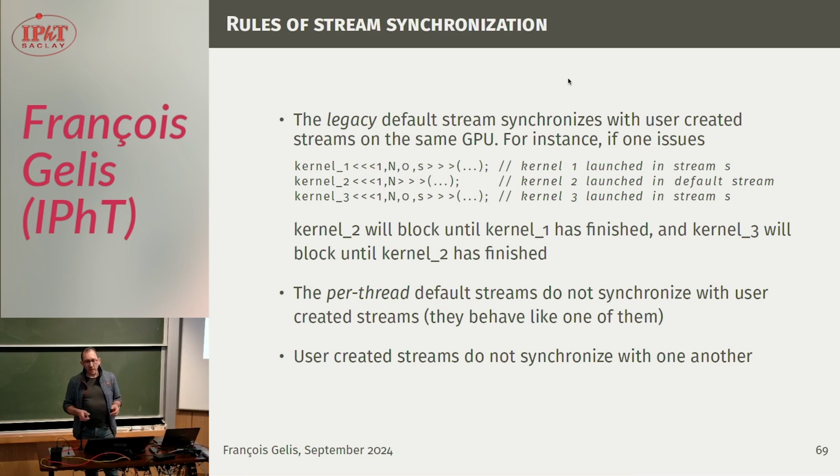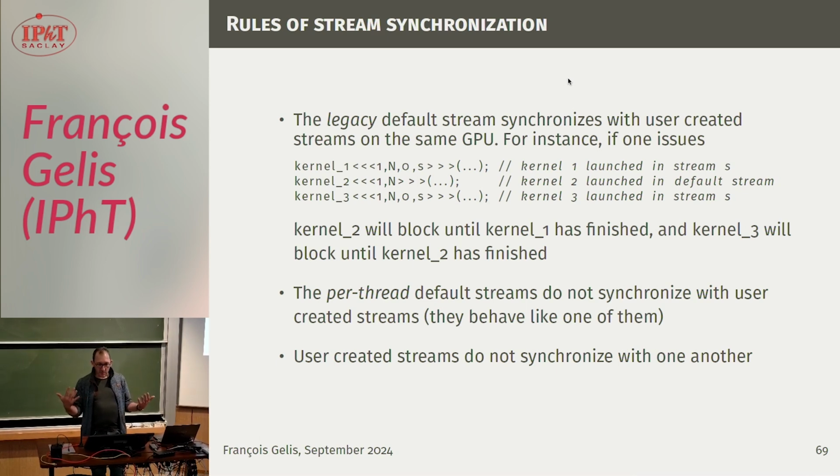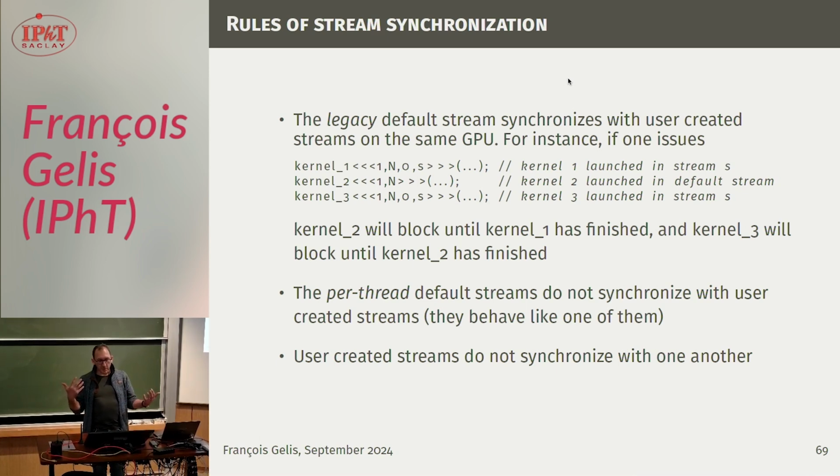And the user-created streams do not synchronize with one another, which is their main benefit in a sense. That's why you usually create streams in the first place: because they are not synchronized, and you do that because you know there are certain tasks which do not need synchronization.